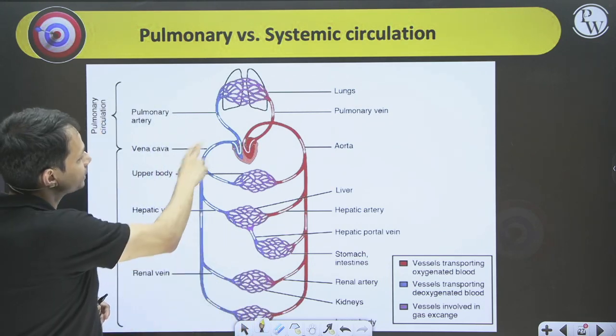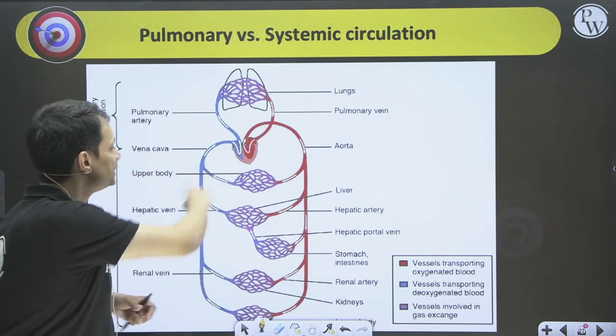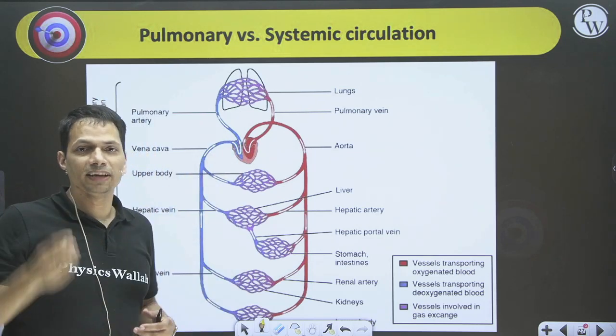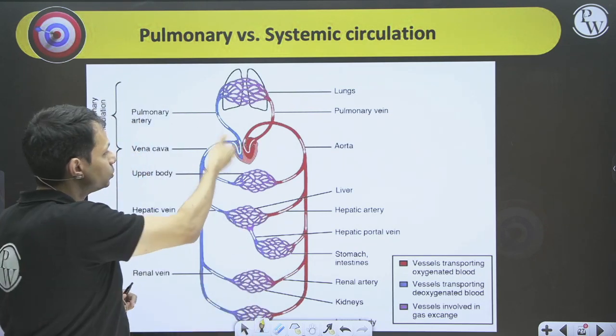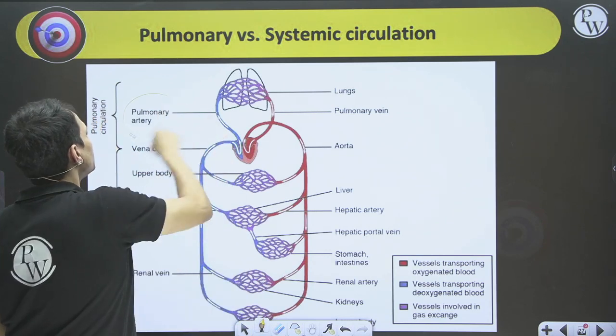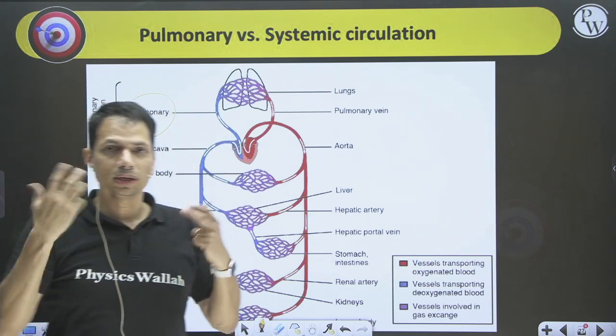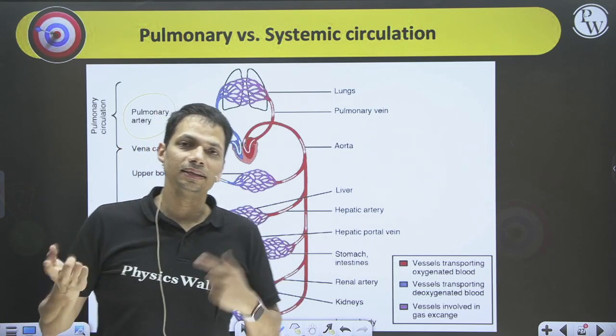So you see this is how the right atria is receiving the blood via the vena cava, the deoxygenated blood, right? And then it is passing it to the right ventricle. From the right ventricle, the pulmonary artery is taking the blood to the lungs, where gaseous exchange is taking place in the alveoli, right?